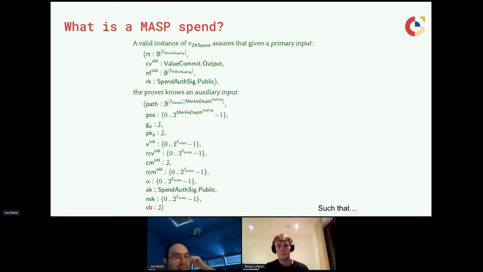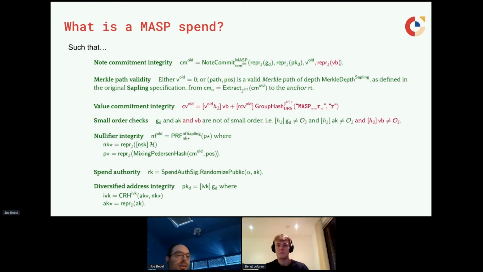We just add this asset generator as a private input, and we want to say that the circuit is satisfied if all of the usual Sapling spend requirements are satisfied, with the exception that we have now added this asset generator to each note.